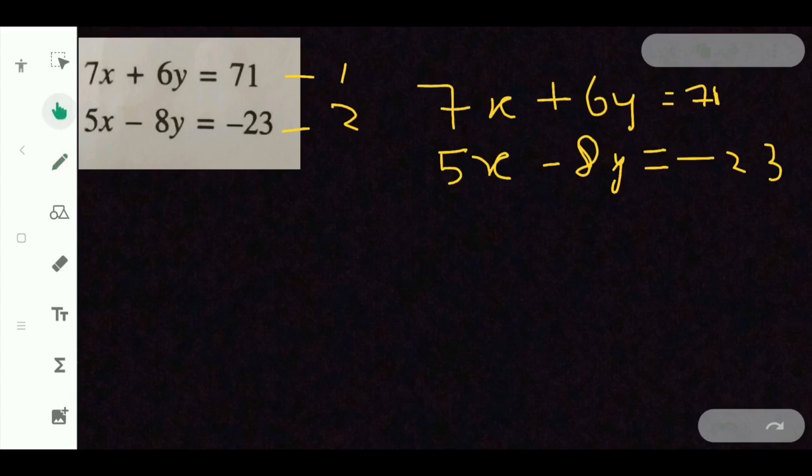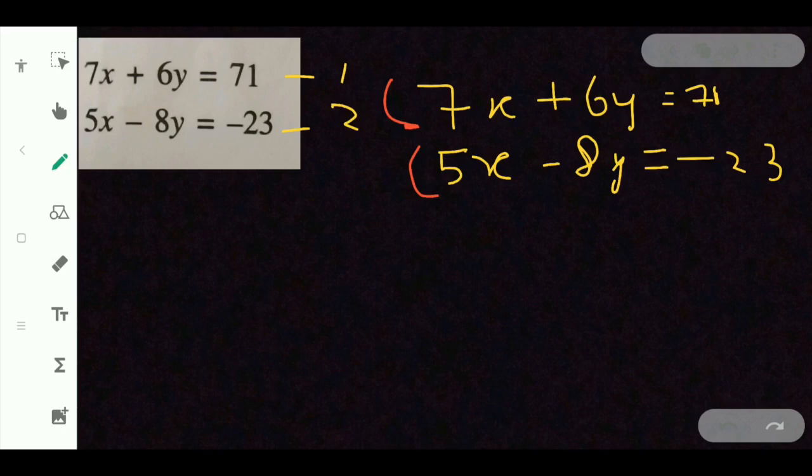As we have done in the previous video, we should keep brackets and multiply them. We should multiply the whole equation.